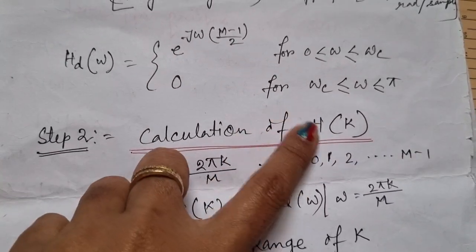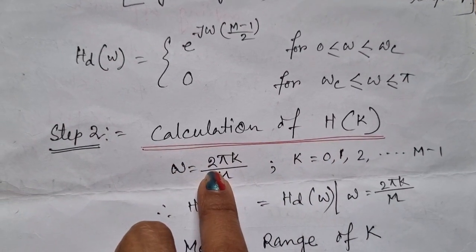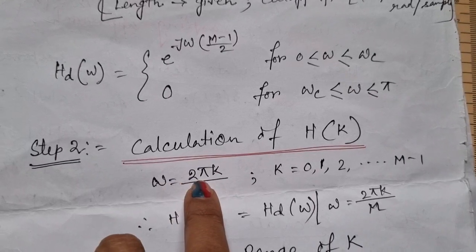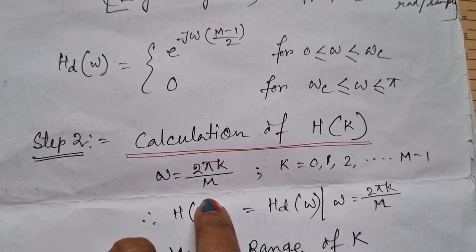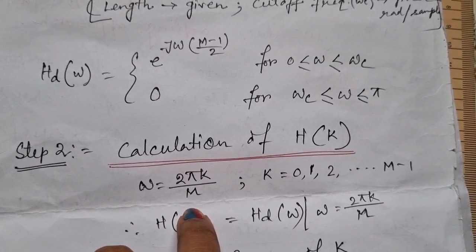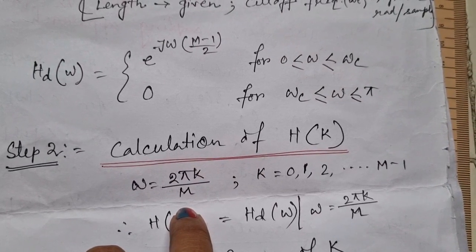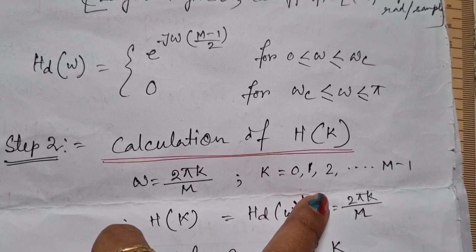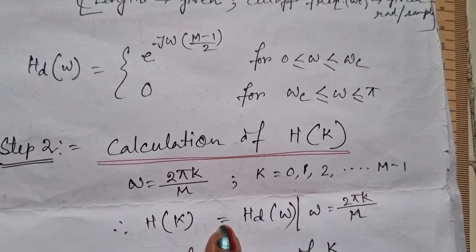Before calculating h of k, we calculate omega. The omega value is nothing but 2 pi k by m. M is n. So say if n equals 7, then the value of k will be 0 to 6, because m minus 1.